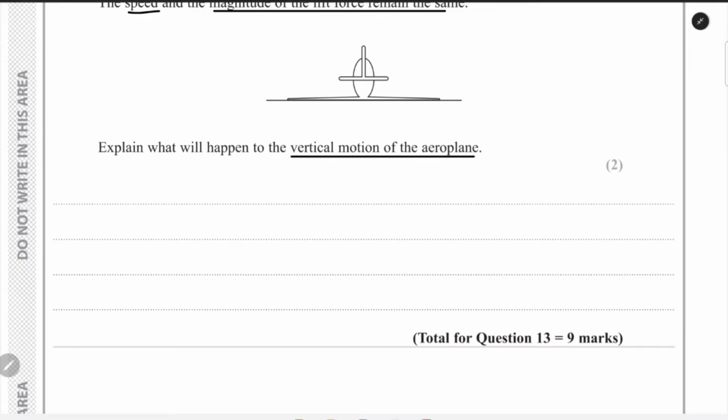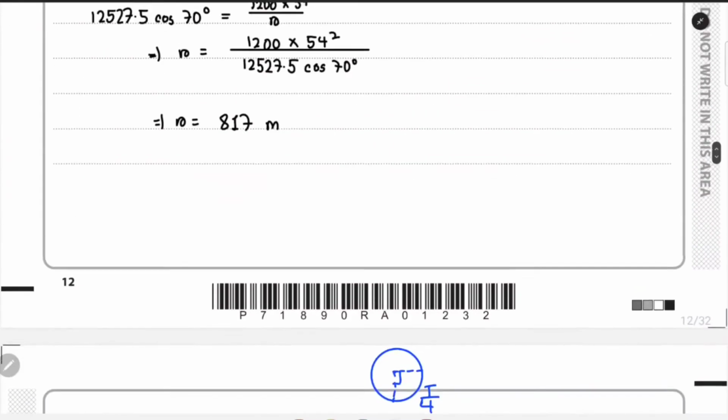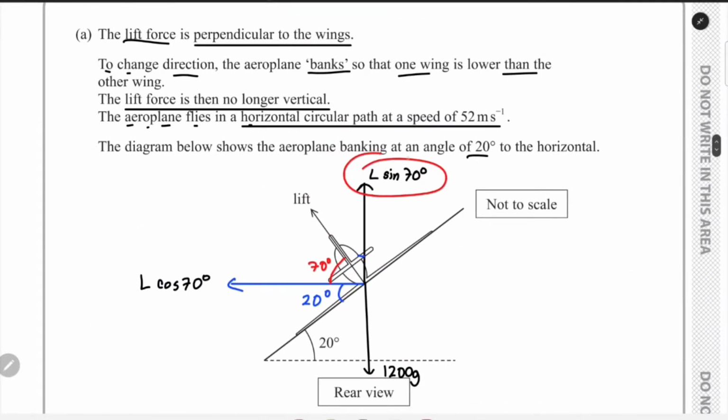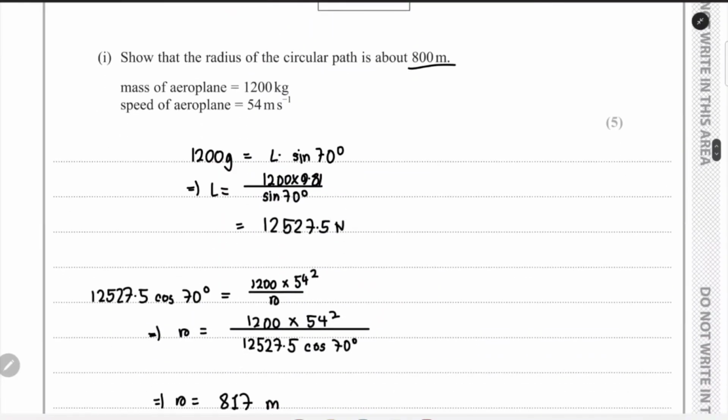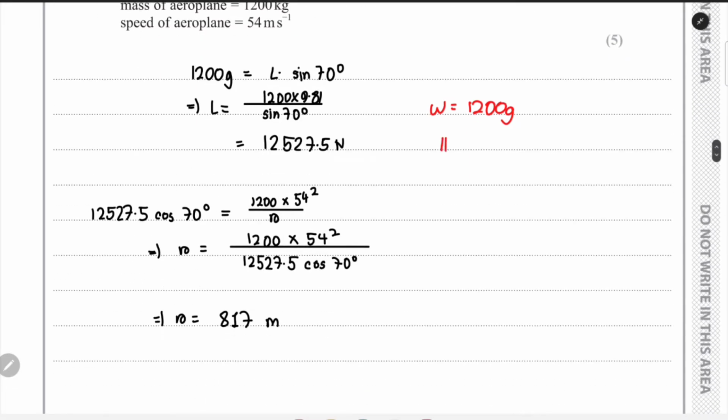If the lift remains the same, previously the lift times sine 70 was equal to the weight. So in this case we have the lift, which is 12,527.5. The weight is 1200 g, which is only 11,772 newtons.